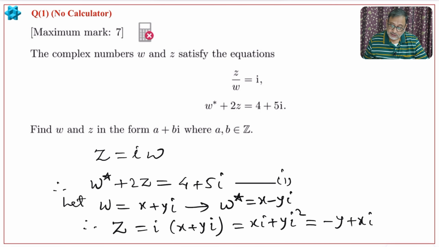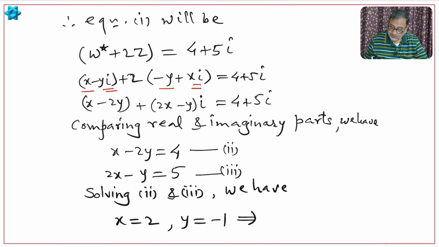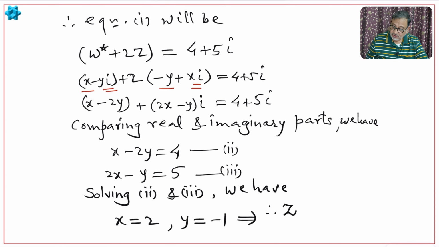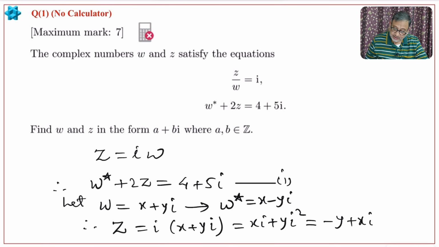what we wanted here, find w and z in the form a plus bi. So therefore w was x plus yi.